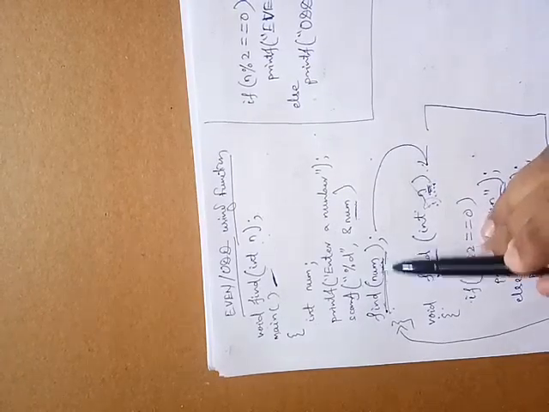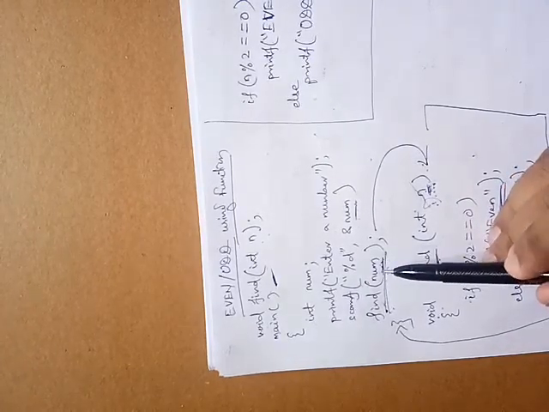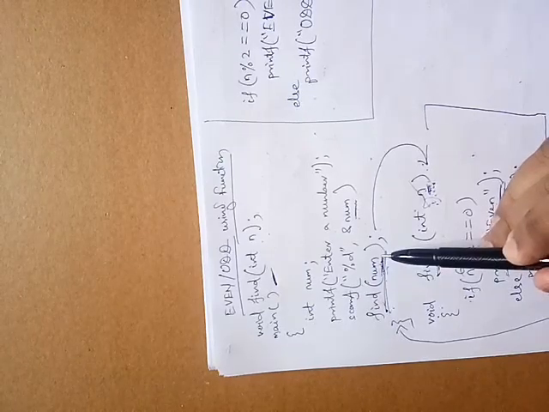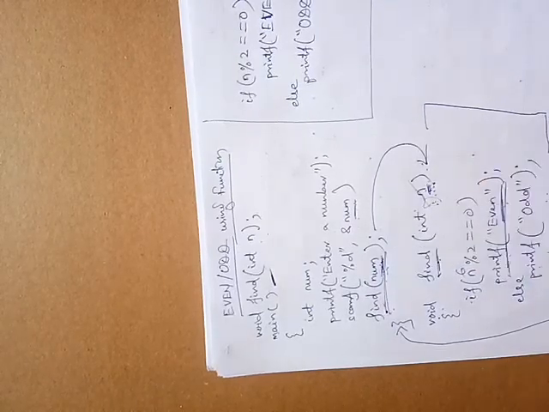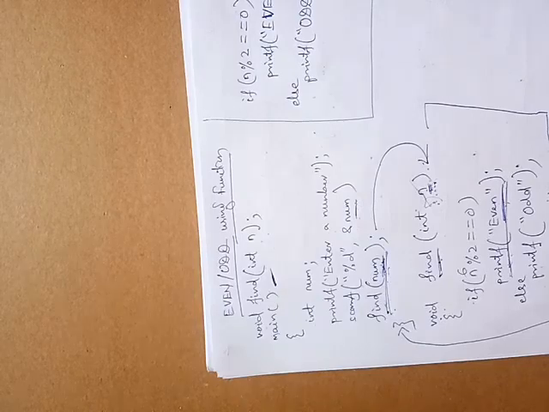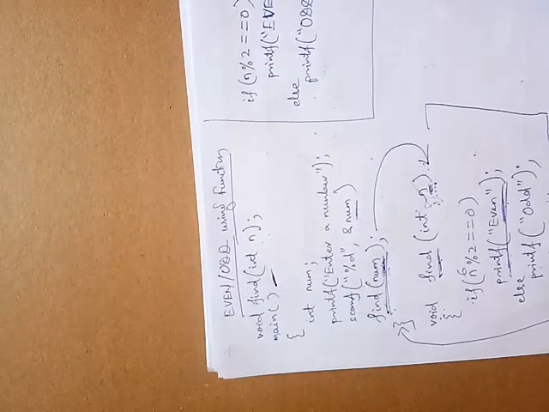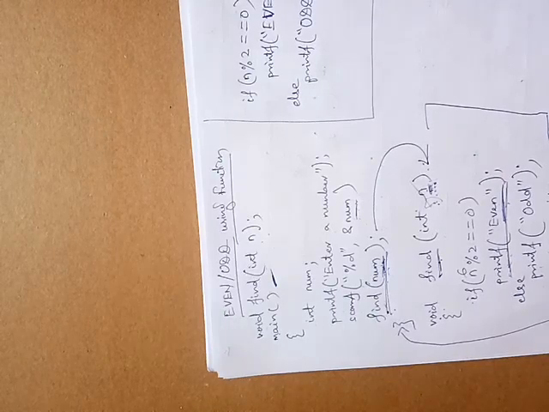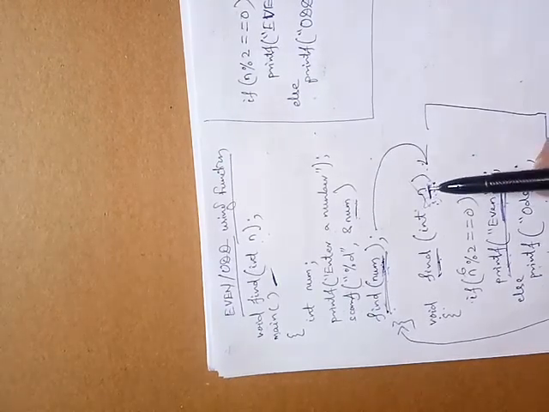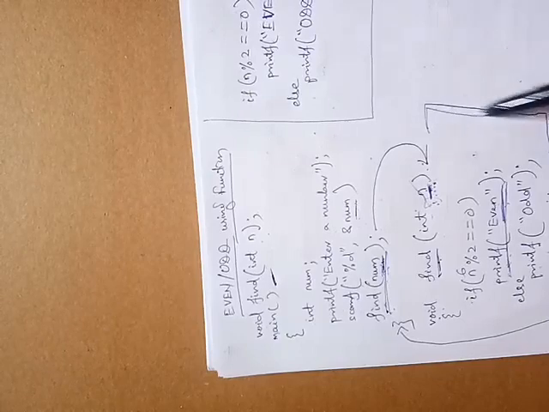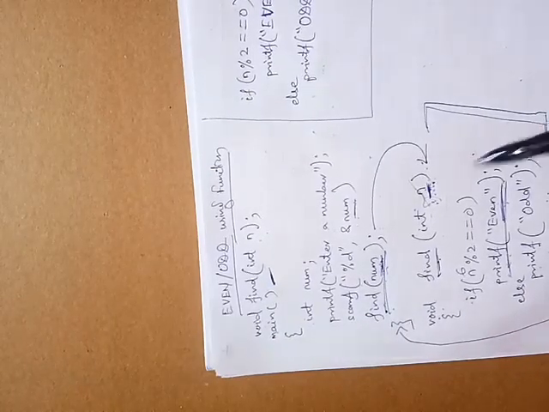So the argument used in the function call is the actual argument, and the formal arguments are those mentioned in the function definition. This is the function definition part.